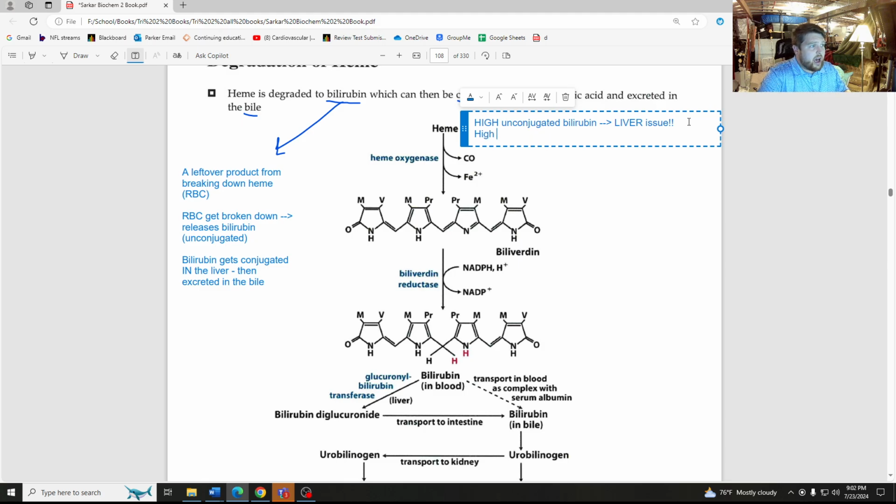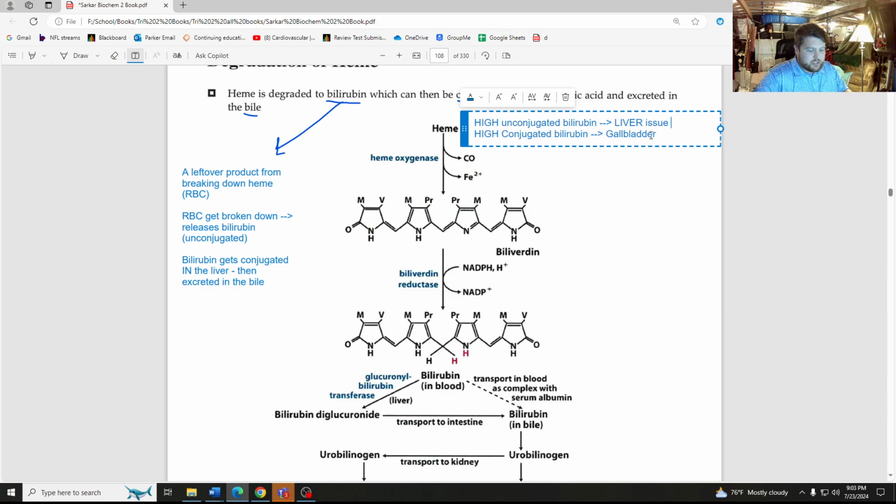If we have high conjugated bilirubin, that means that it made it to the liver, was acted on, did its thing, but then something after the liver is having a lot of issues. And so we tend to lean towards gallbladder issues.